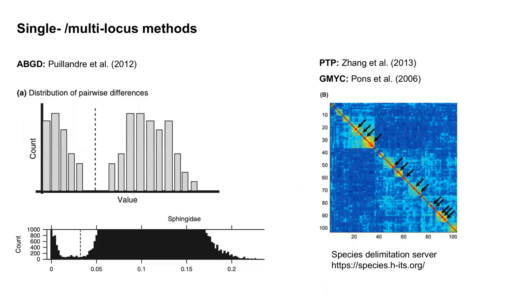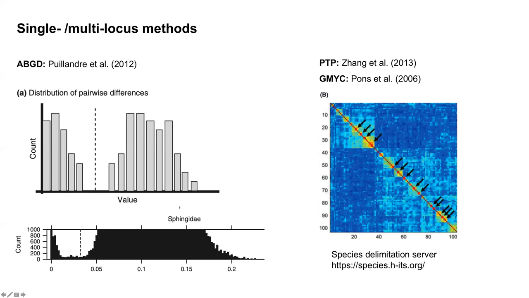You'll probably hear about some of these later in this workshop, but I'll give a brief introduction to a few of the commonly used ones. So you've probably heard about ABGD. This is automatic barcode gap discovery. This is with barcode data, so CO1. The idea behind this is that you take all your barcode data and you produce a distribution of pairwise genetic differences between all the samples.